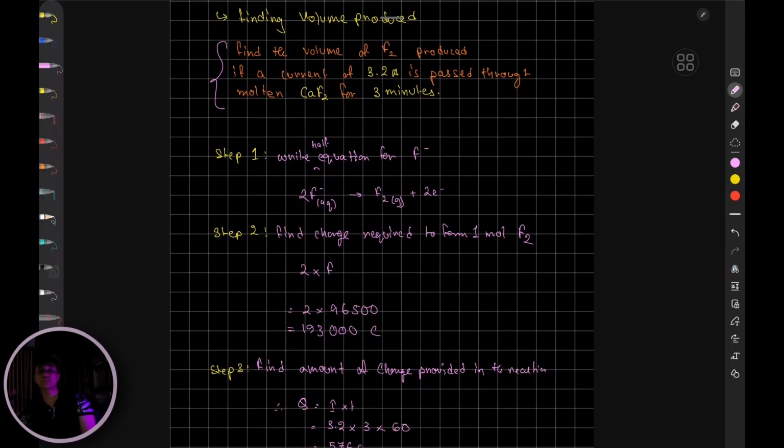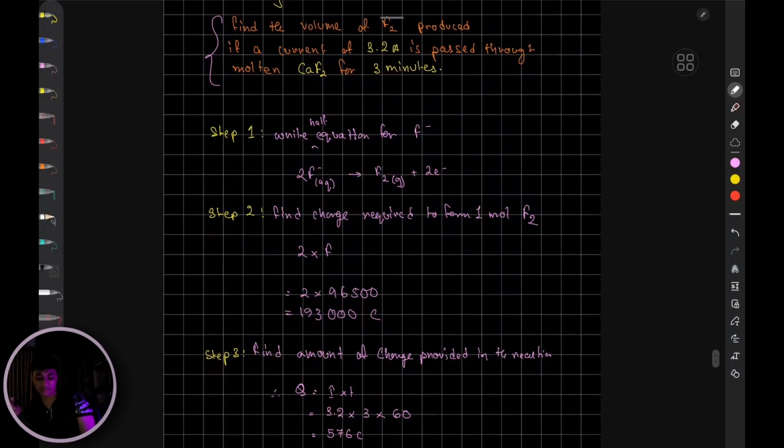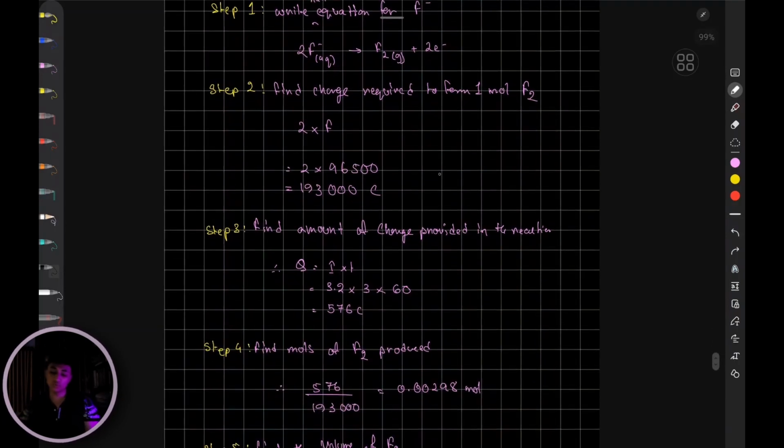It's going to be 2 times Faraday's constant, because the ratio is 1:2, right? Again, Faraday's constant is the amount of charge on 1 mole of electrons. So 2 times 96,500 is going to give you the exact same 193,000 coulombs of charge required to form 1 mole of fluorine gas.